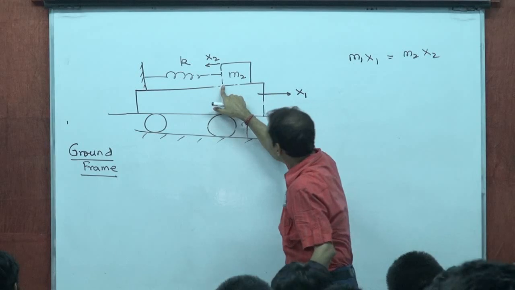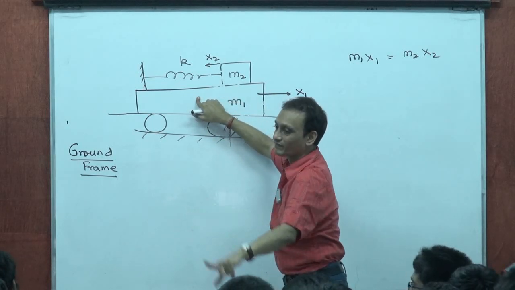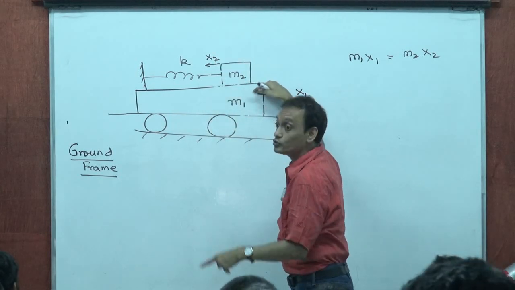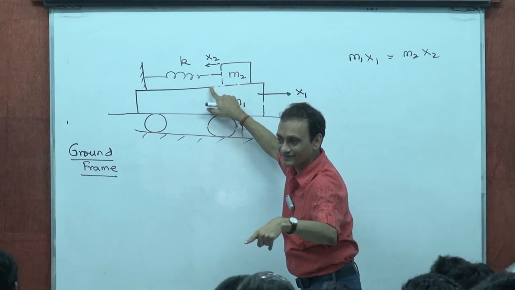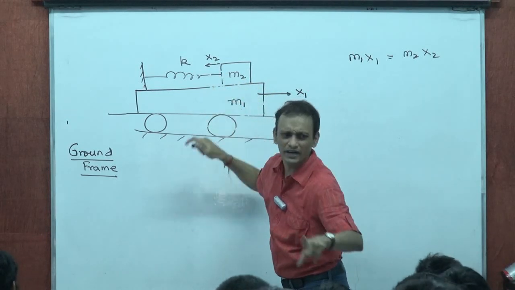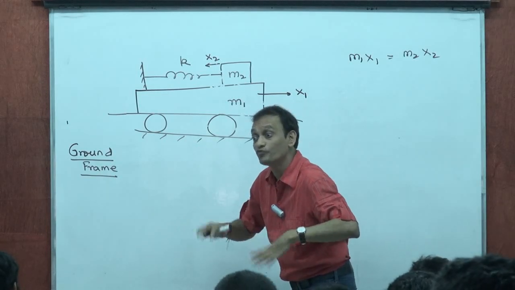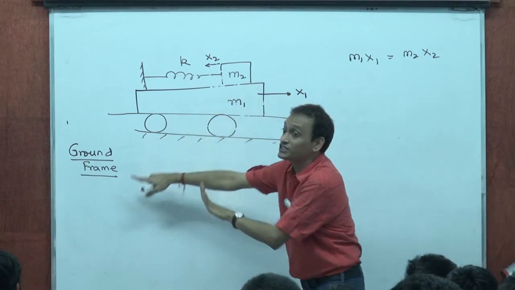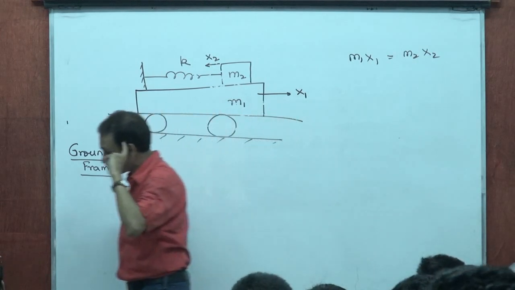If this was x2 with respect to the cart, then it would have been M2 x2 equals (M1 plus M2) x1. Go back to the raft problem that I dealt with earlier. L was the distance moved on the raft, meaning with respect to the raft. This was distance moved by M2 as seen by the ground frame. That's the difference. Please make sure you understand this.